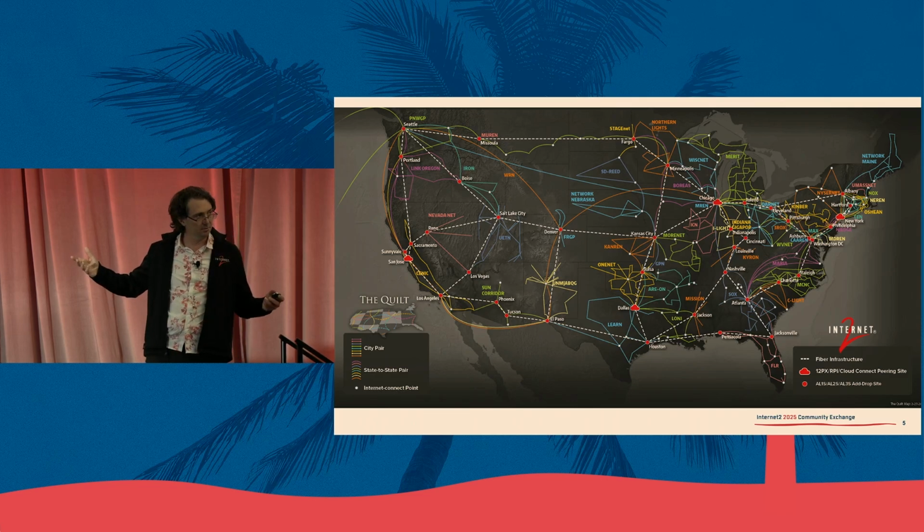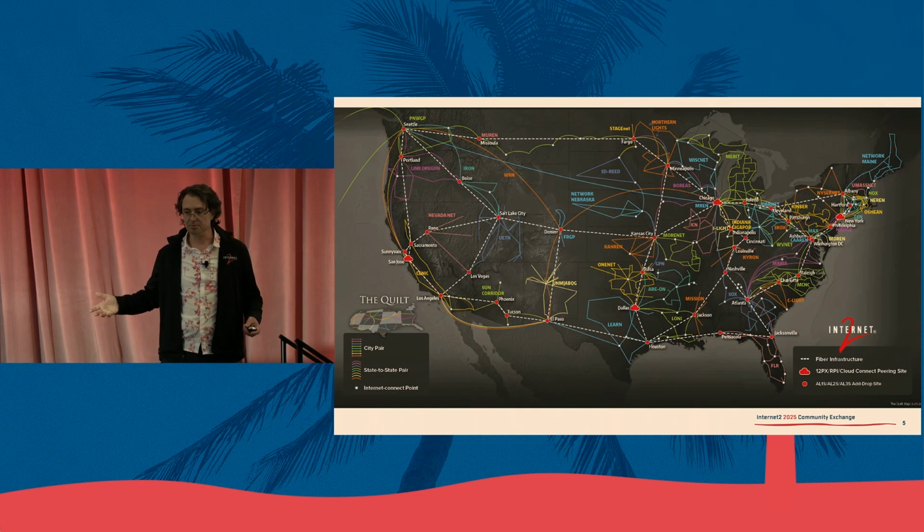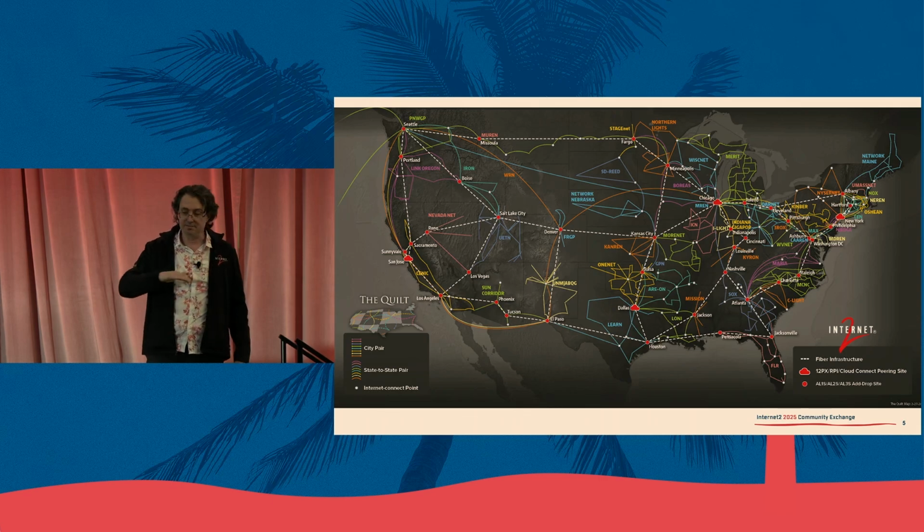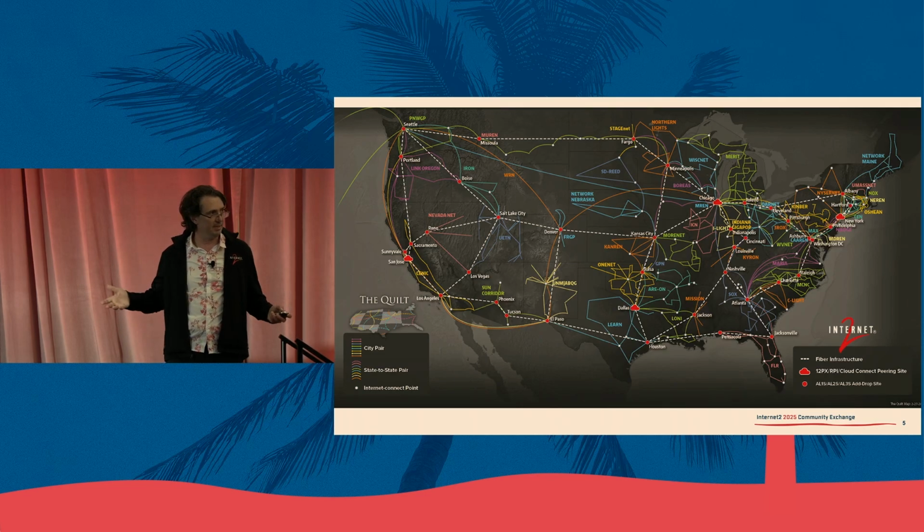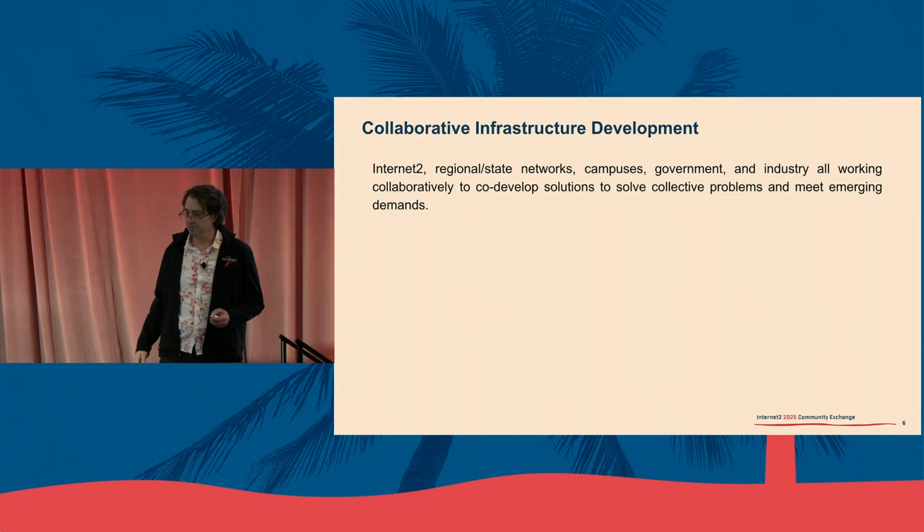And for any service that's being consumed for the most part, that has to follow through many networks, the Internet2 network sometimes, to be successful. So these partnerships are really the key in everything that we do.